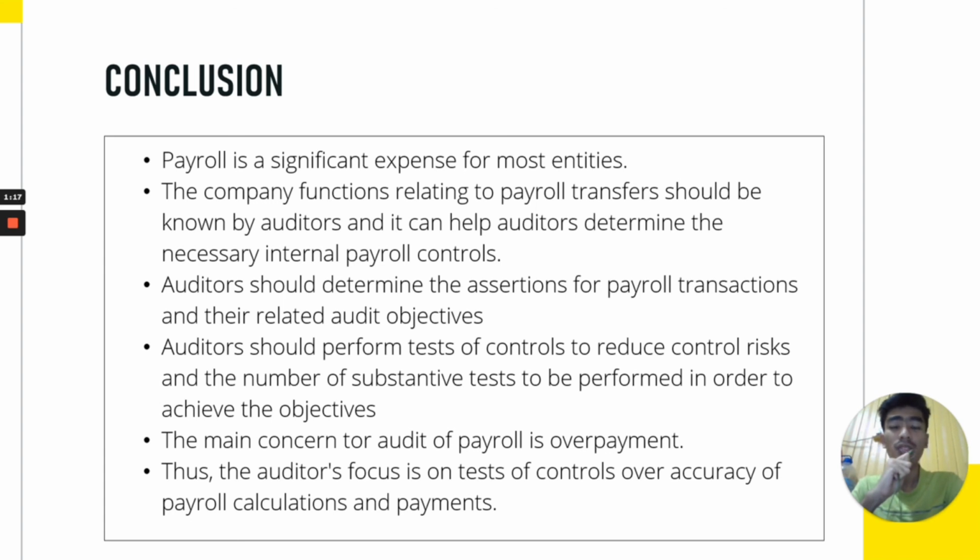The main concern for audit of payroll is overpayment, but for accrued payroll balance, the auditor is more concerned about understatement of the accrual, and thus the auditor's focus is on tests of controls over accuracy of payroll calculation and also the payment.